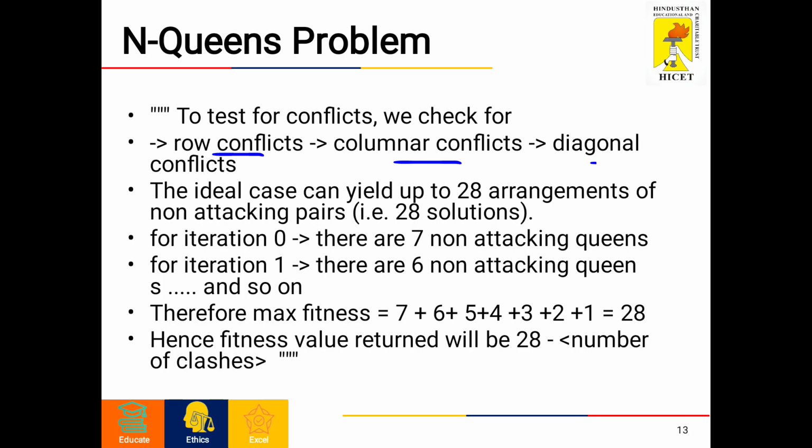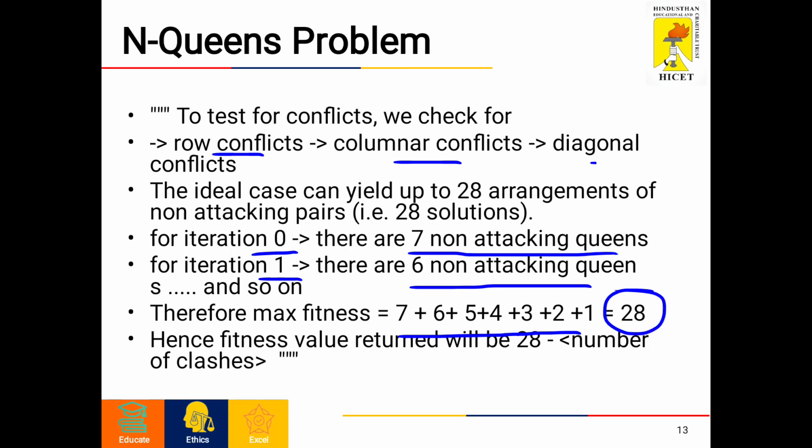In the 0th iteration, Q0 will be placed and 7 more non-attacking queens are to be placed. In the first iteration, Q0 and Q1 would have been placed and 6 more non-attacking queens are to be placed, and so on. If we start from 0 to 7, these are the values. When we sum up, we'll be getting the value as 28.